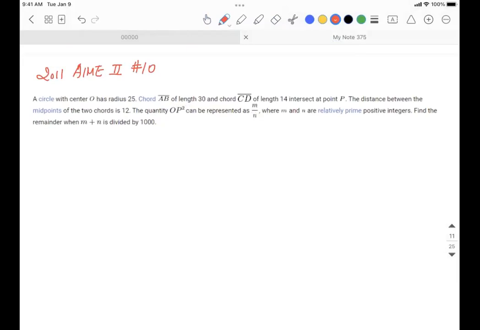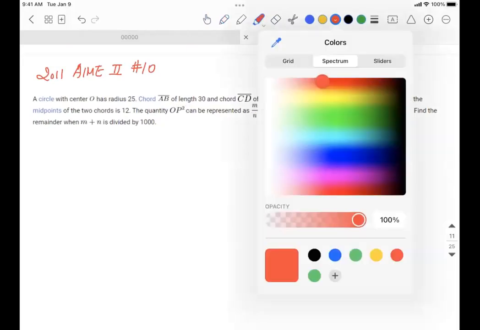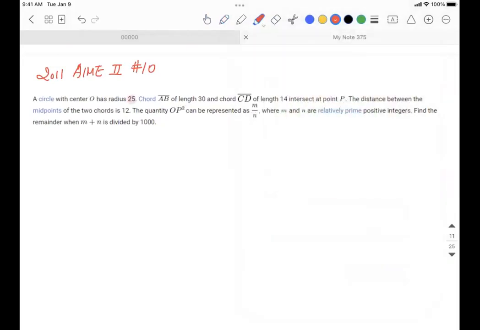So this problem says, a circle with center O has a radius 25. Chord AB of length 30 and chord CD of length 14. You see, you need to highlight all those important pieces of information. They intersect at point P. The distance between the midpoints of these two chords is 12.